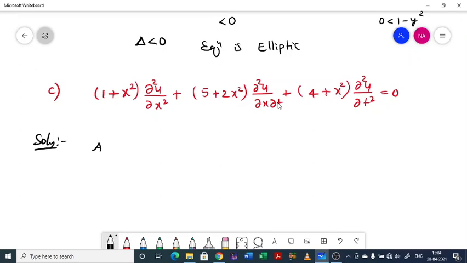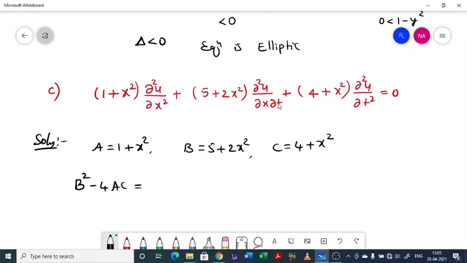Here A is 1 + x², B is 5 + 2x², C is 4 + x². So B² minus 4AC equal to (5 + 2x²)² minus 4 into (1 + x²) into (4 + x²).